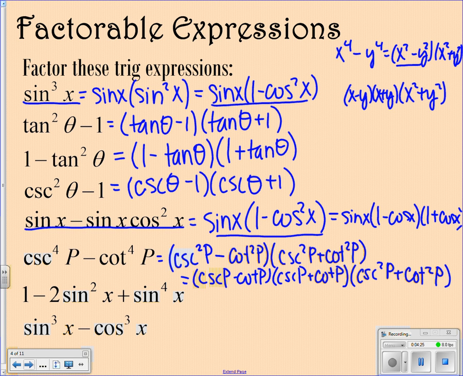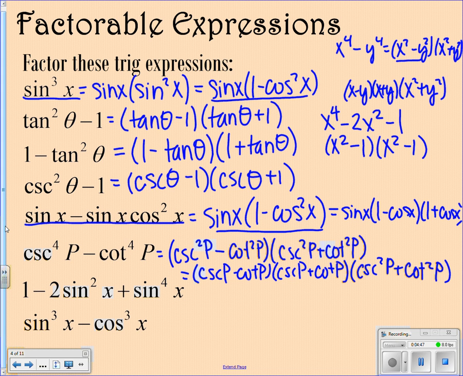For this next one, I'm going to put it in a different order, but sine to the fourth minus 2 sine squared minus 1, which would factor as sine squared minus 1, and then sine squared minus 1, which both of those will factor further.